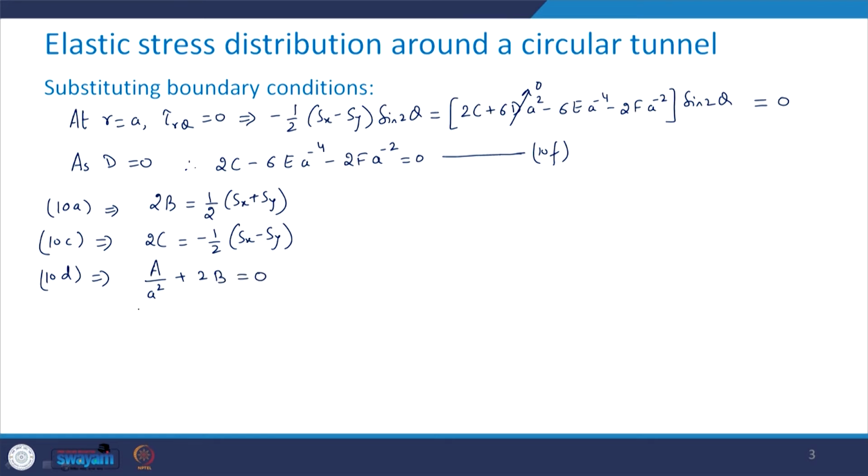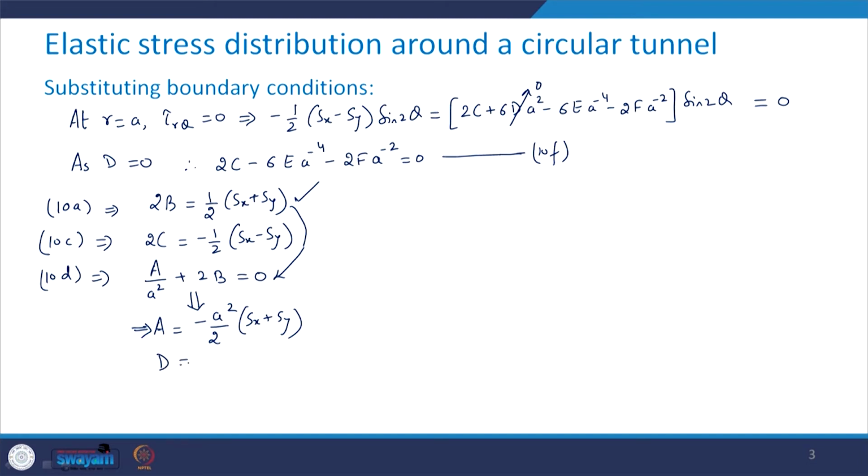That is what is going to give me capital A equal to minus a square upon 2 into Sx plus Sy, because 2b is equal to half Sx plus Sy from this equation. I just substitute this equation here, and therefore, I get this expression of A.